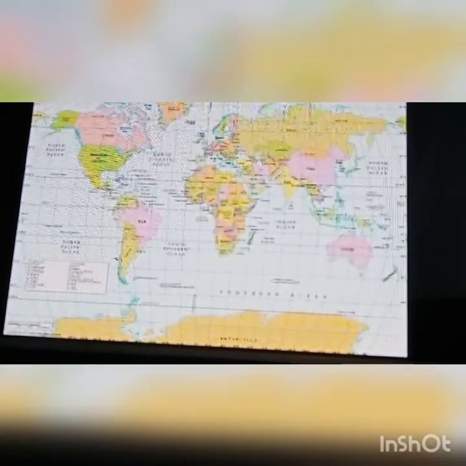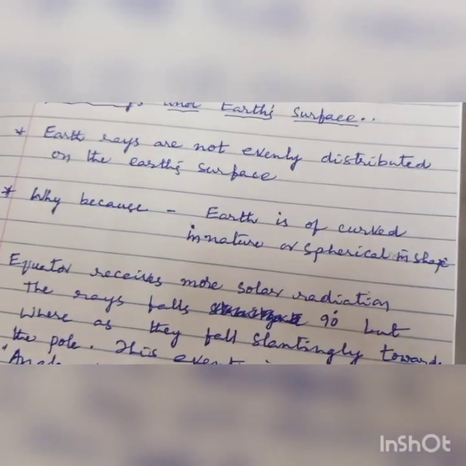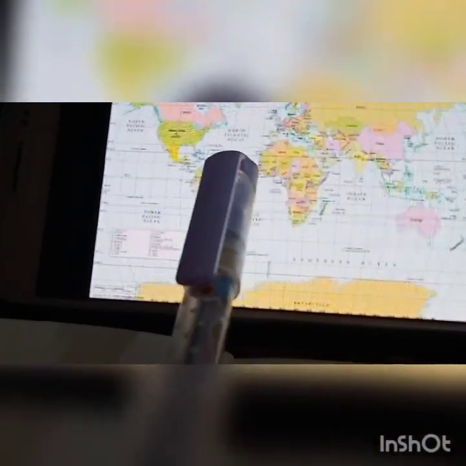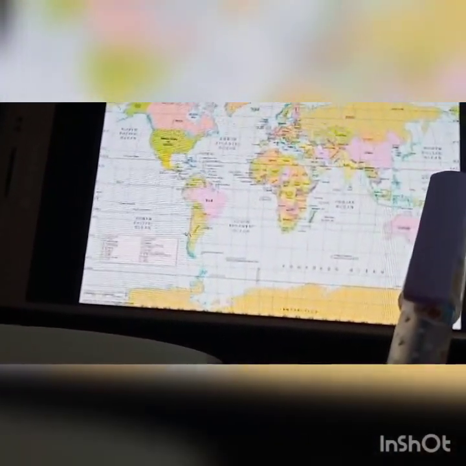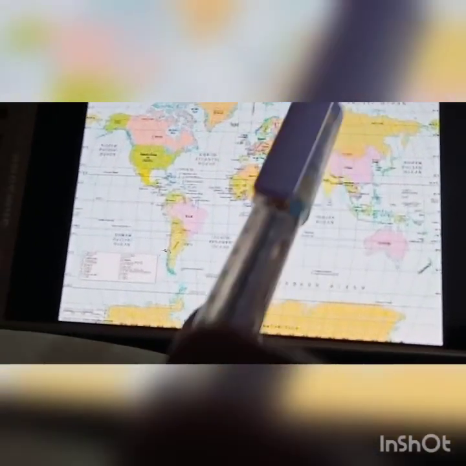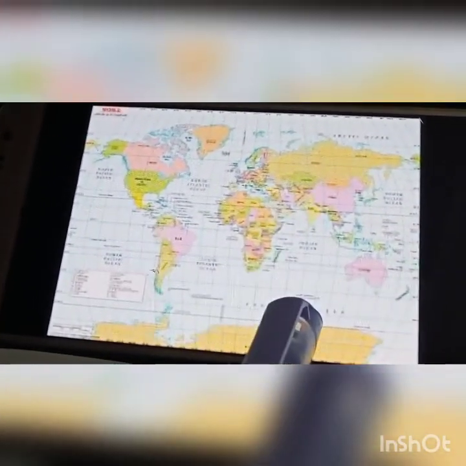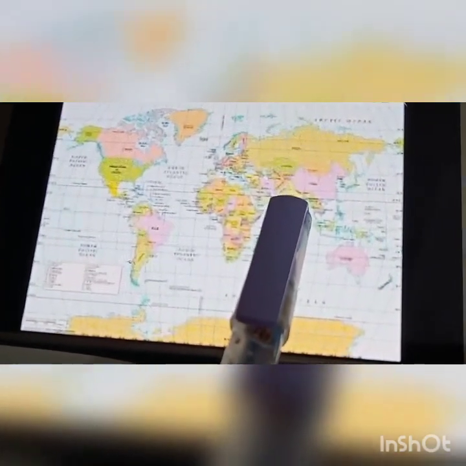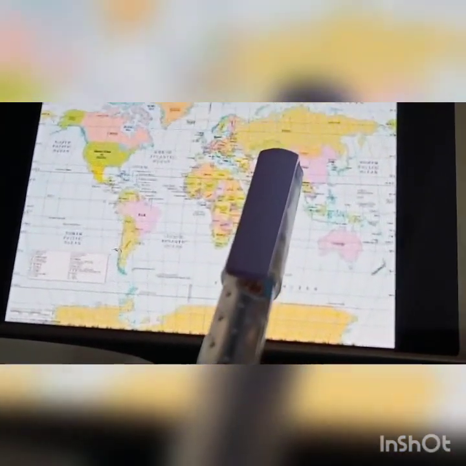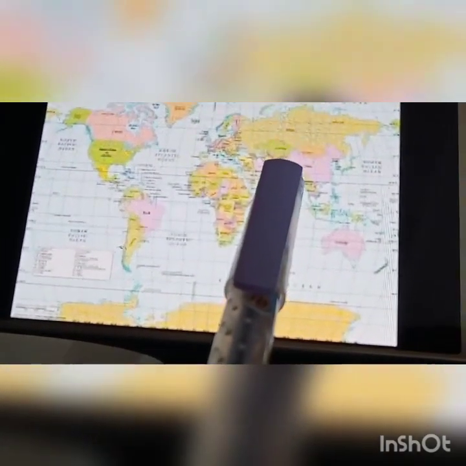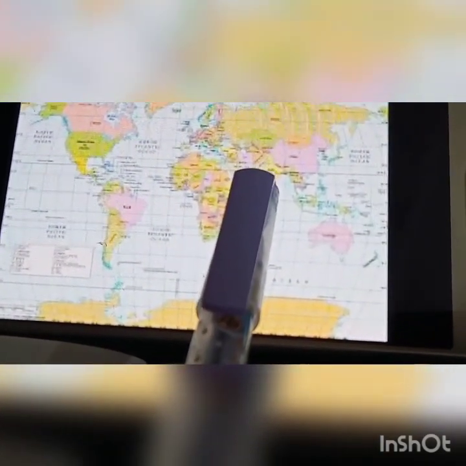And what is meant by the curved nature? We know very well that the earth is curved in nature, or spherical in shape. Here if you observe, the equator receives more temperature, while the North Pole and South Pole, which are far away from the equator, receive less temperature.